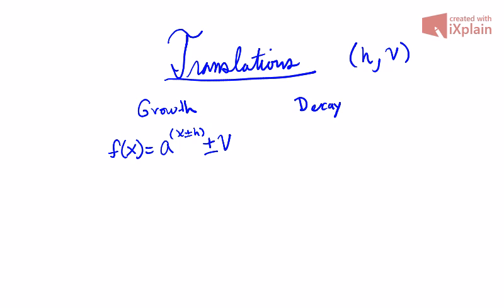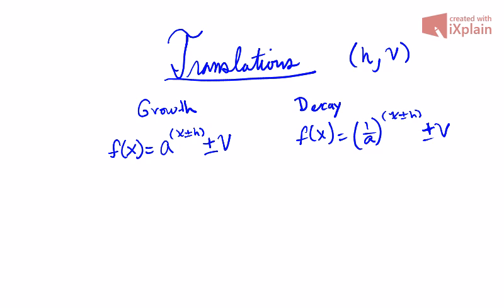For decay, you have f of x equals, and your base of the exponential function is a fraction, 1 over a, or some decimal, taken to the power of x plus or minus the horizontal movement, plus or minus the vertical translation that can occur.